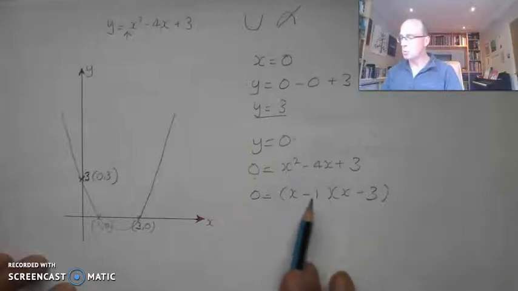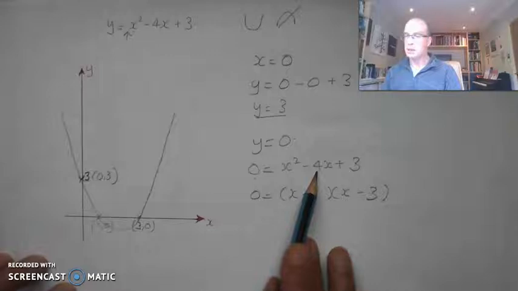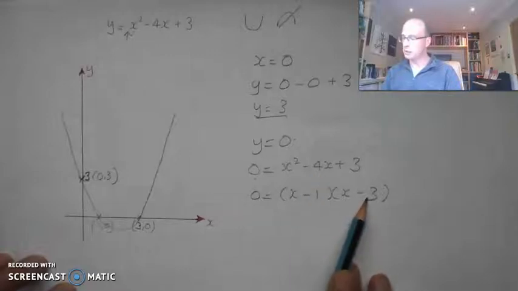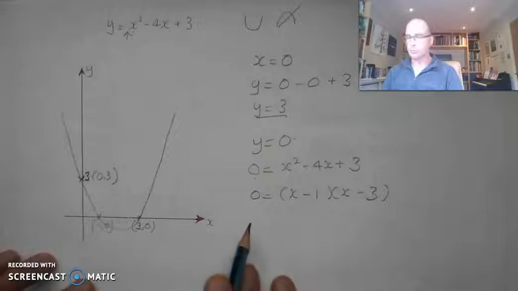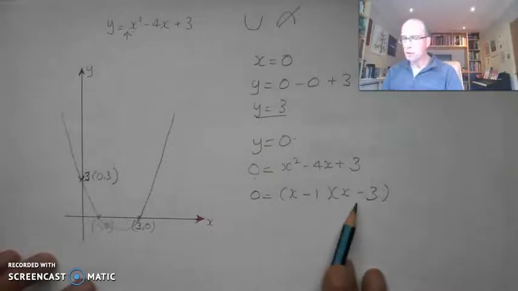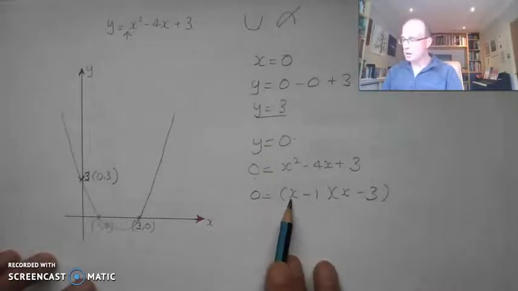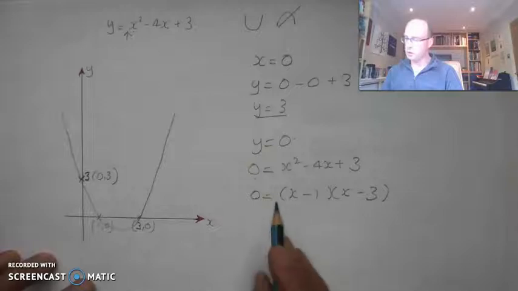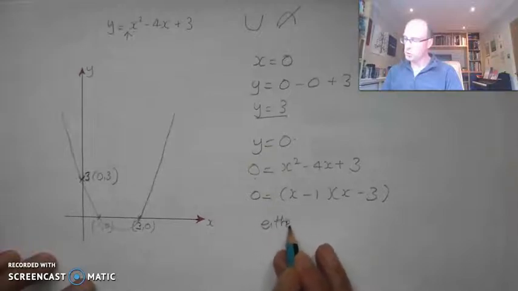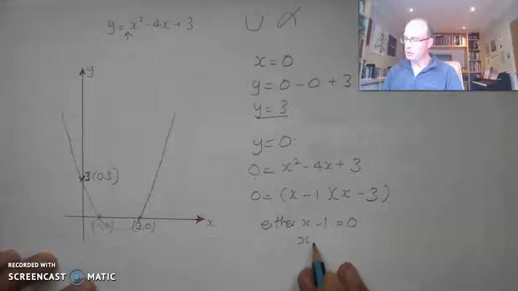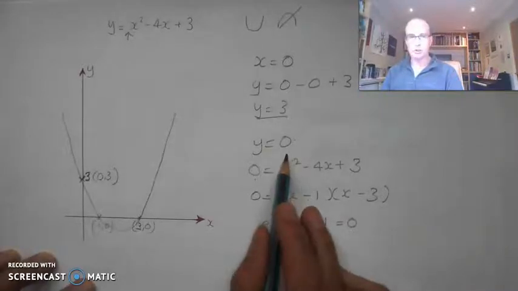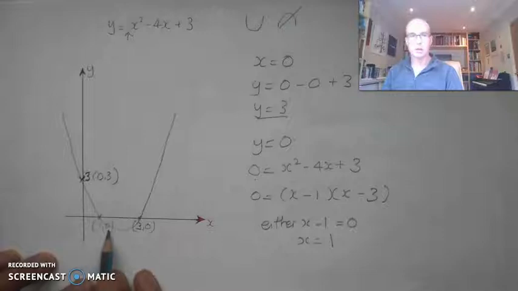Looking for 2 numbers that will multiply together to give me plus 3, and that will add together to give me negative 4. So negative 1 and negative 3 multiply to give me plus 3, add together to give me negative 4. Well, if this thing on the right is equal to 0, then either this bit's 0 or this bit's 0. So either x minus 1 is equal to 0, in which case x equals 1, so x is 1 and y is 0.